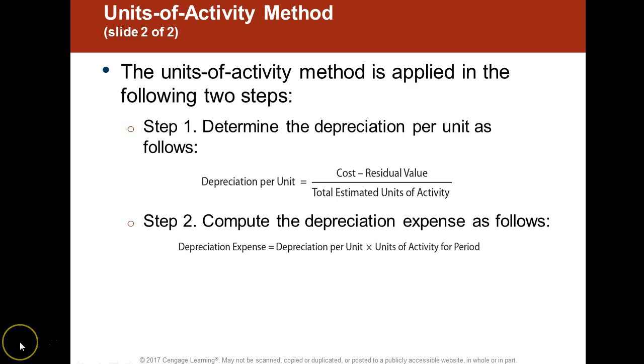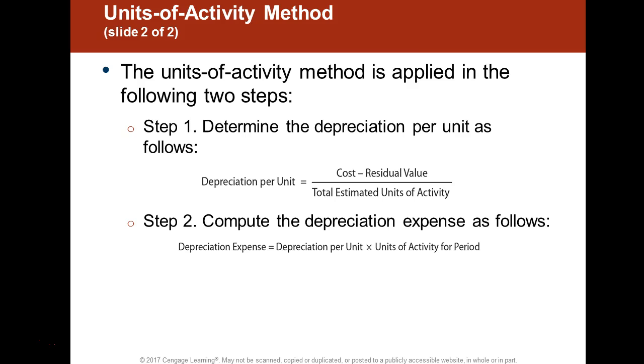What is the depreciation per unit for this asset, given these variables? So based on my calculation, I have a $10,000 cost for my asset. My residual value is $1,000. And then I divide it by 100,000, which is the amount of units that this particular item is going to produce. I come up with a depreciation rate of 9 cents per unit.